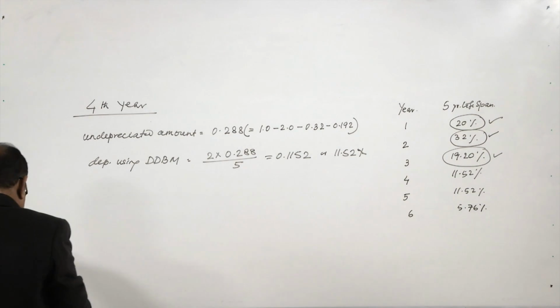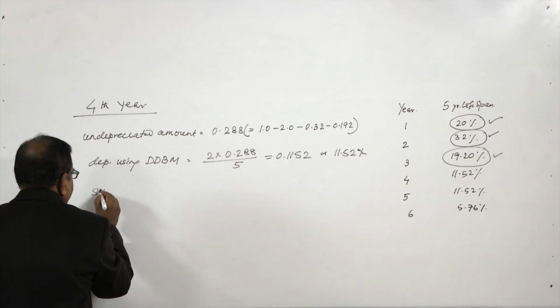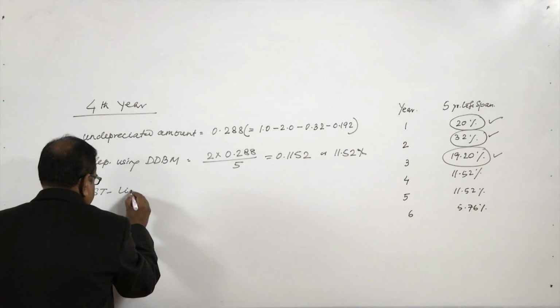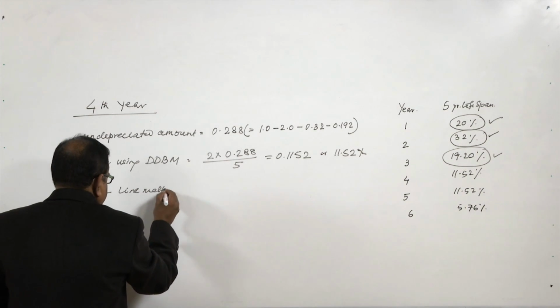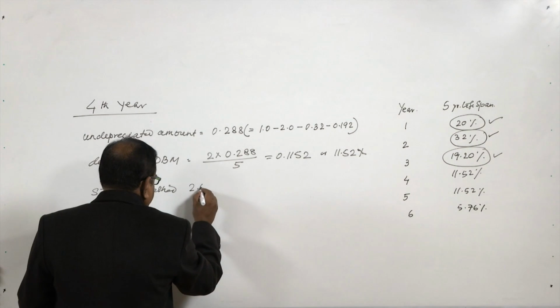Now, if we calculate depreciation using the straight line method, 2.5 years is remaining.